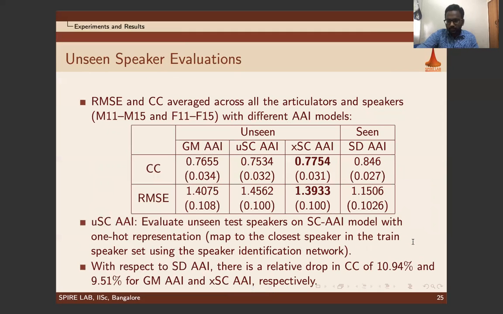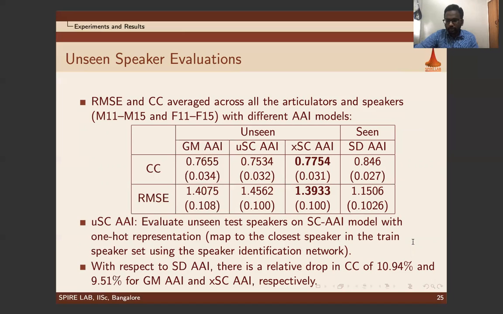In the unseen case evaluation, we compare three models: GM AAI, USC AAI and XSC AAI models. The USC AAI model is similar to the speaker-conditioned AAI model with one-hot representation during training, but during evaluation, we map the unseen test speaker to the closest speaker in the trained speaker set using the speaker identity network.